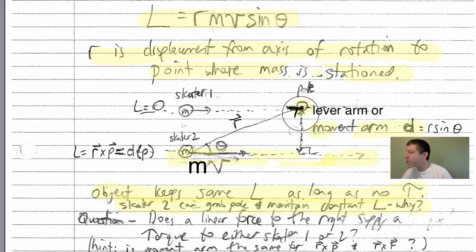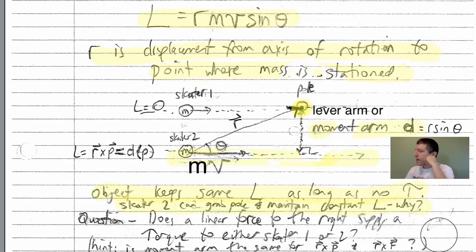Notice that when they grab right there, the force on them is perpendicular to their velocity. So their force this way is going right through that axis of rotation. It will not exert any torque about that axis. They can just maintain that.